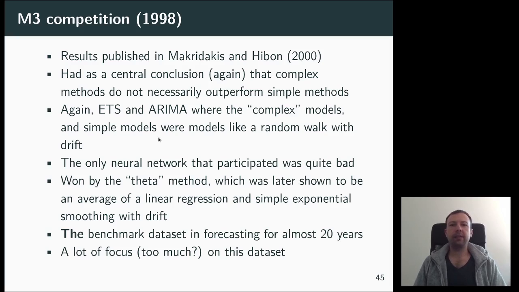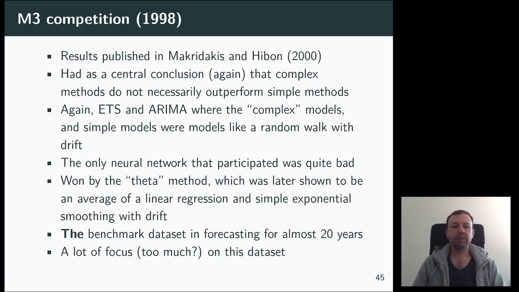Again, ETS and ARIMA were the complex models, and simple models were more like a random walk with drift. There was one neural network that participated in the competition. However, it was quite bad. And the competition was actually won by a method called the Theta method, which was later shown to be an average of a linear regression and a simple exponential smoothing with drift.